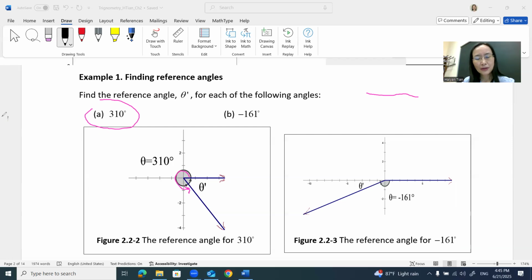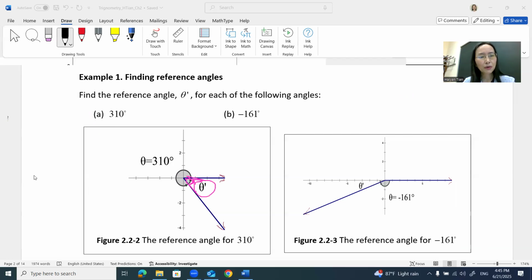For this 310-degree angle, what is the reference angle? By definition, it is the acute angle formed by the terminal side and the x-axis. Must be this one. So how do we figure out the degree measure of the reference angle?